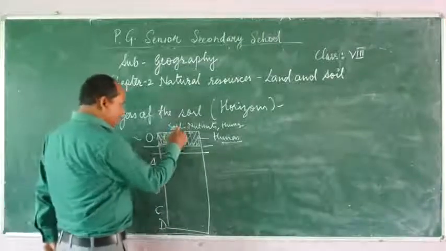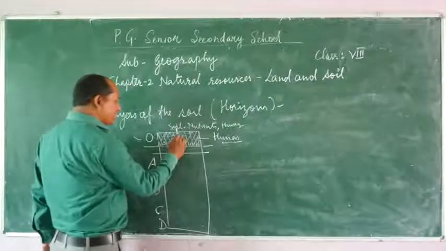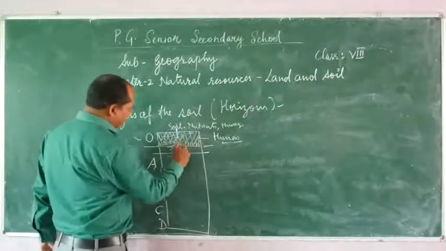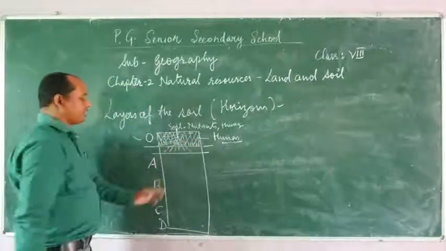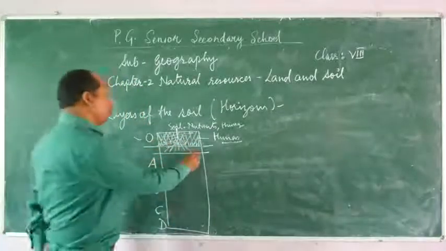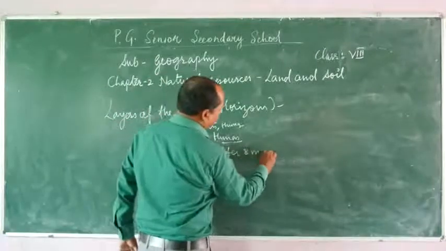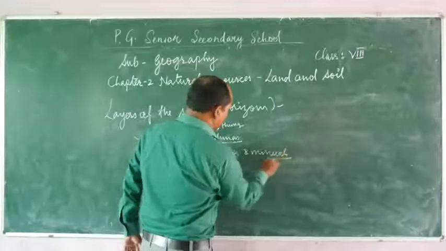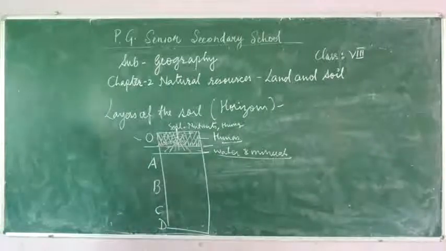You know well, when plants grow in horizon O, the roots can reach till the topsoil, and from here they can obtain water and minerals. So it is also very important because the roots of the trees are coming towards here.